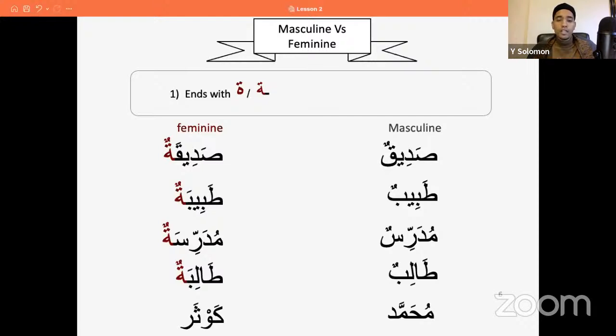However, generally in the rest of the world, Kawthar is a feminine name. Kawthar does not have a closed ta at the end, however it is still a feminine word. So sometimes we go to the second principle, and that is to look at the meaning of the word to determine if it is masculine or feminine. Okay, so this is on a basic level.